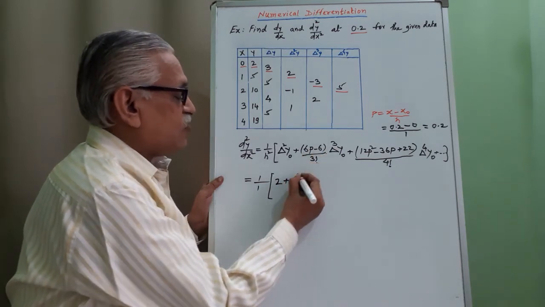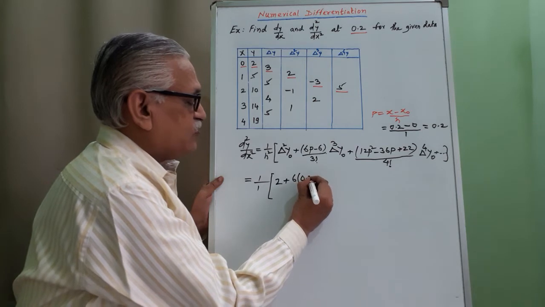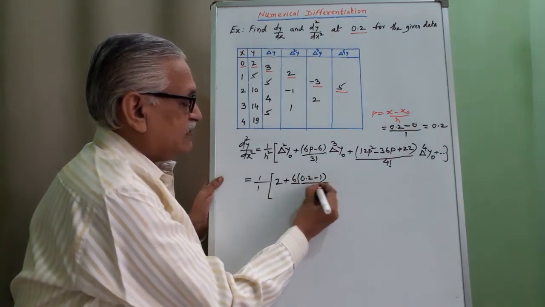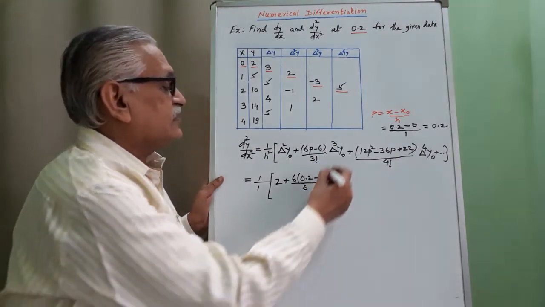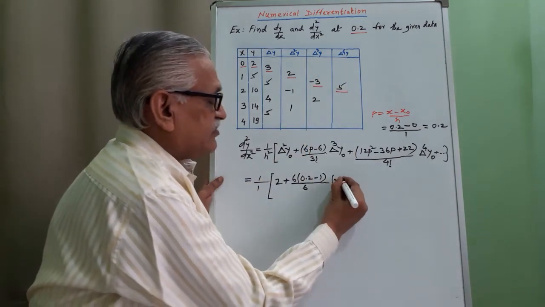We can take 6 common from this. P minus 1, P is 0.2 minus 1, divided by 3 factorial, which is 6, into del cube. The value of del cube is minus 3.